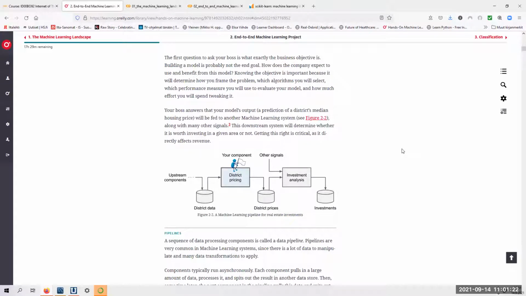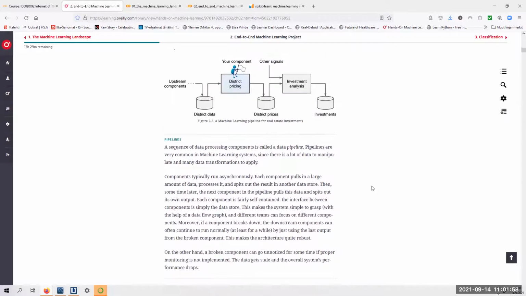Now usually a machine learning project is just a part of a longer pipeline. In this case, the component we are building takes the district data and gives an estimate for the district pricing, which is further used for investment analysis. There are other signals added, and then the bosses make decisions about the investments.